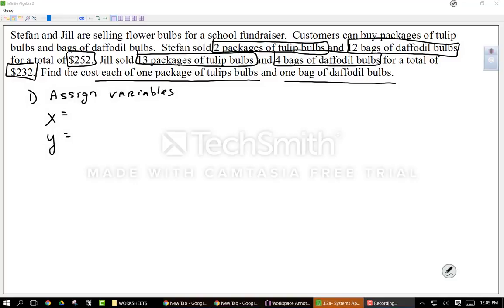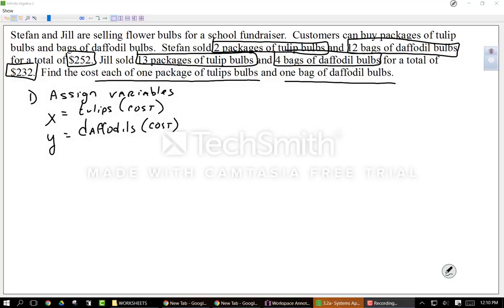In this case, x is the cost of tulips, and y is the cost of daffodils, because we don't know the value of daffodils or the value of tulips.